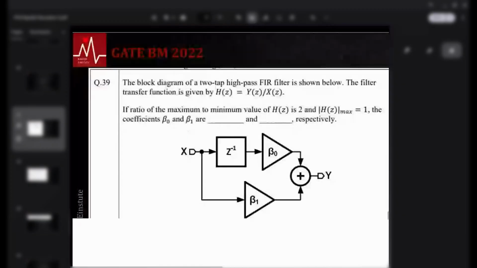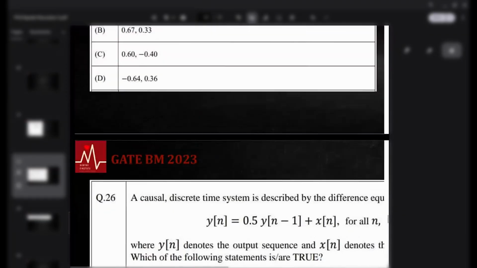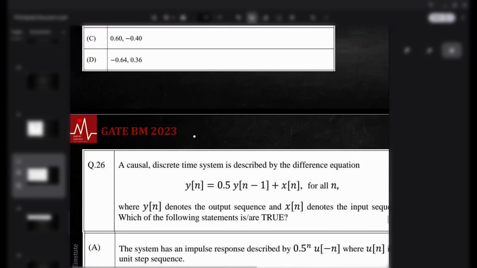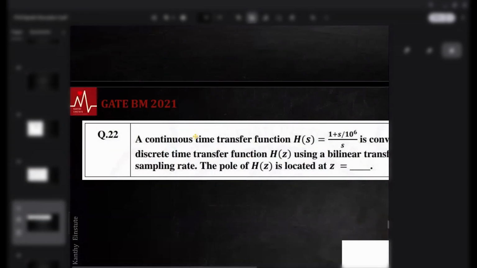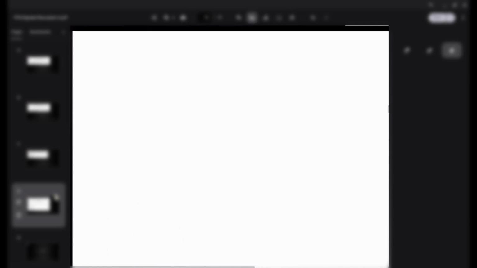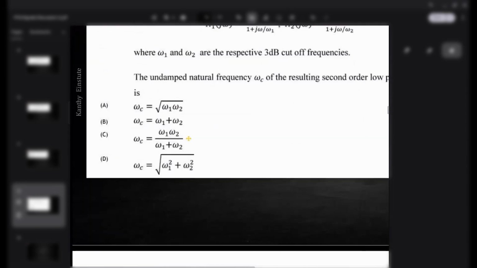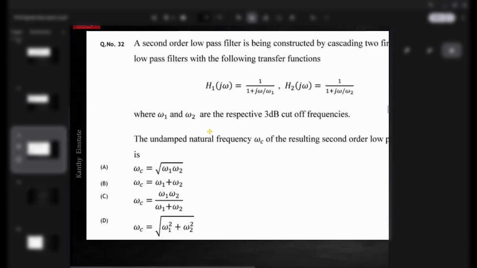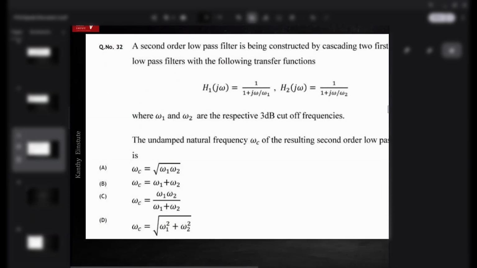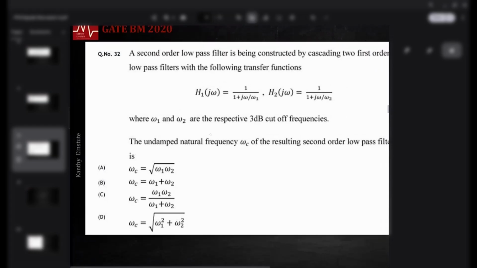Now these are all things that get harder. Okay, but the point is, these are at least moderate questions. You solve questions like this: second order low pass filter, high pass filter, band pass, all pass.